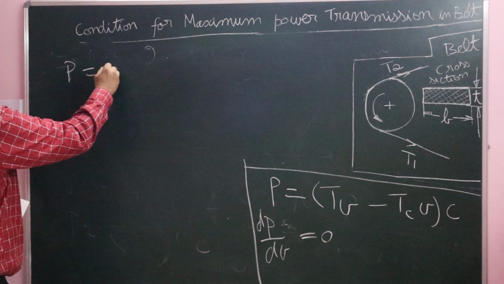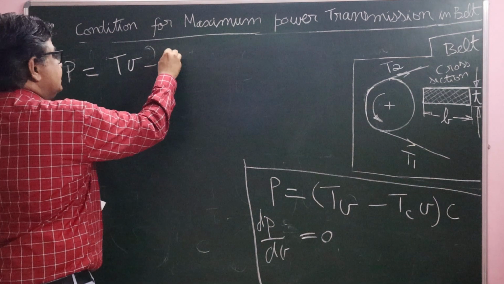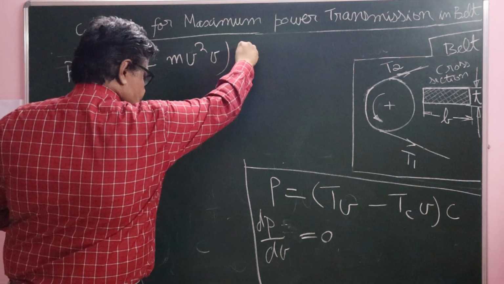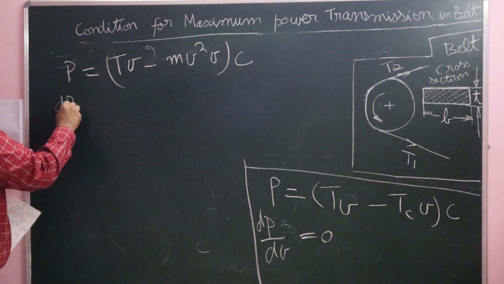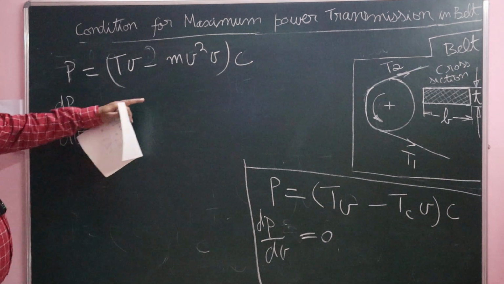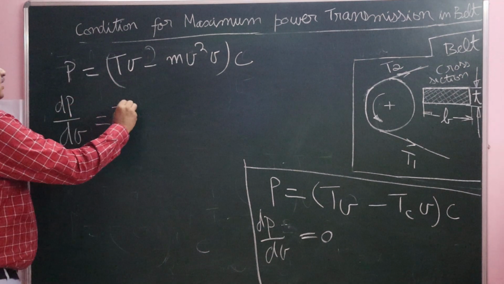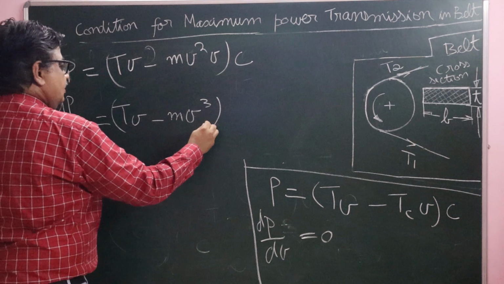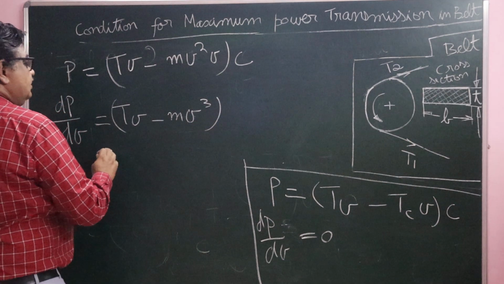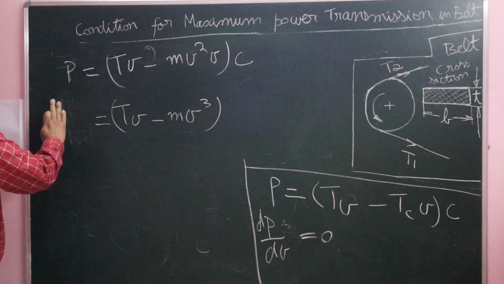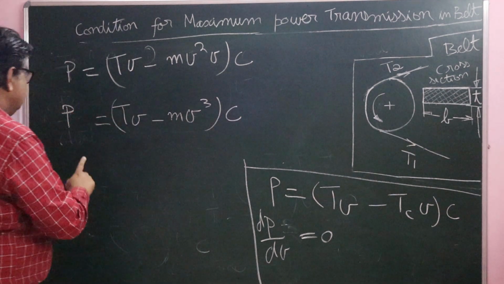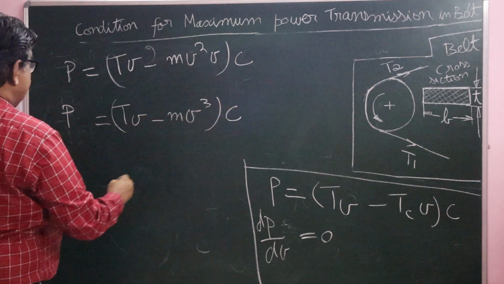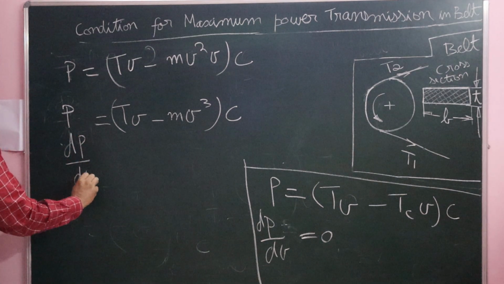I substitute P is equal to TV minus Tc, where Tc is m v square, into V into C. Therefore P is equal to TV minus m v cube, into C, and dP by dV equal to 0.